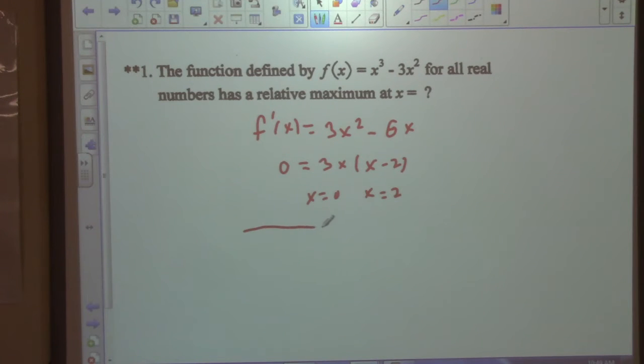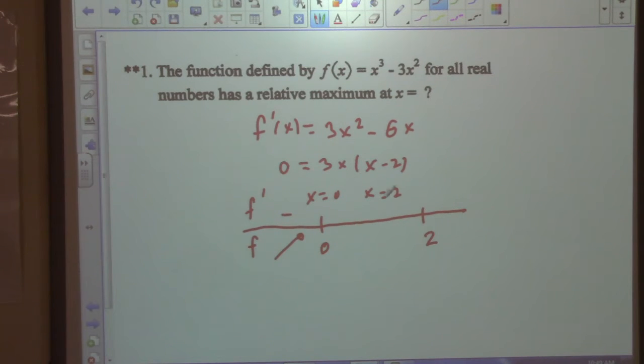And now we resort to our friend, the number line. And when we put here f prime up above and f below, we go ahead and figure out a number less than 0. Well, that's going to be a negative times a negative, so it's going to go like this.